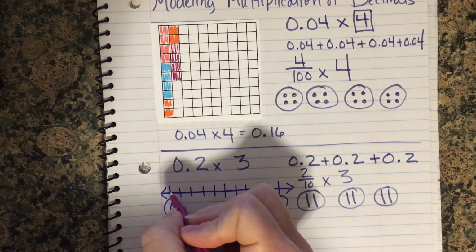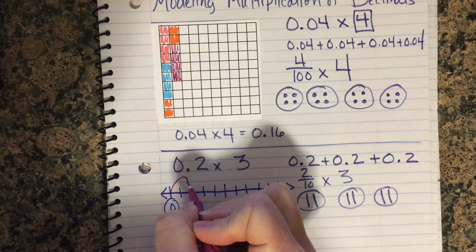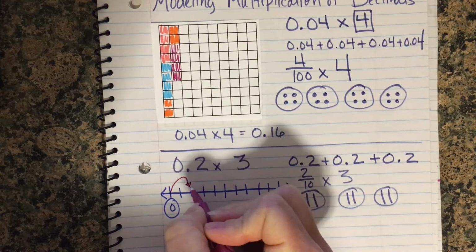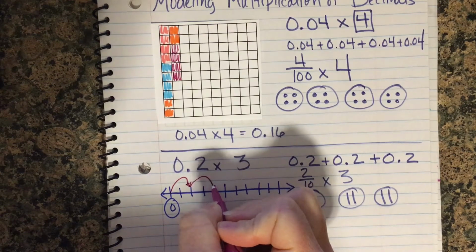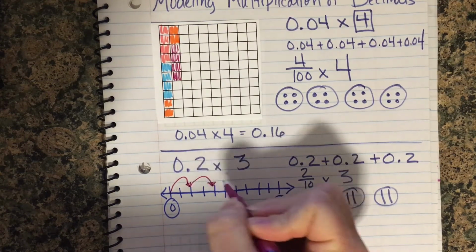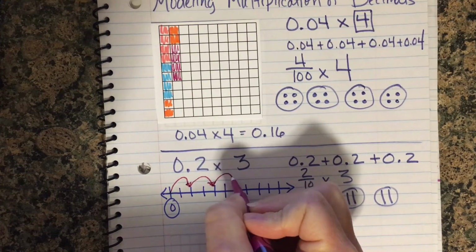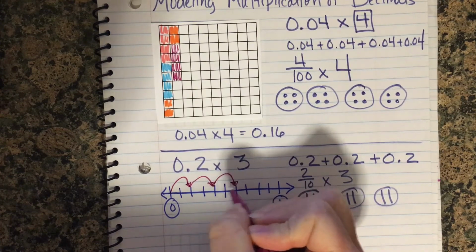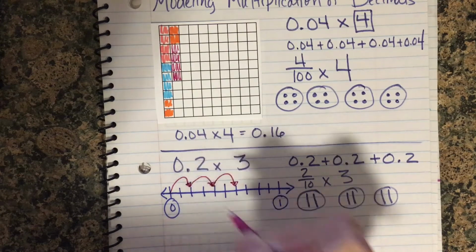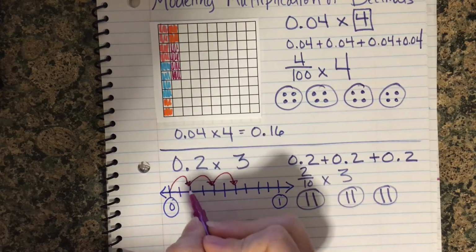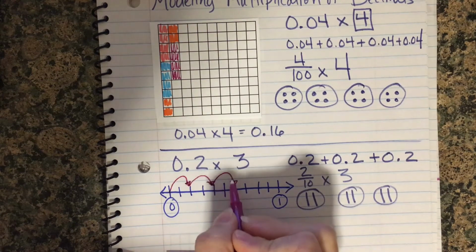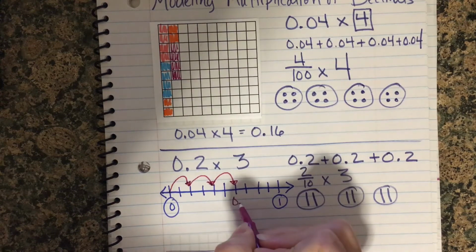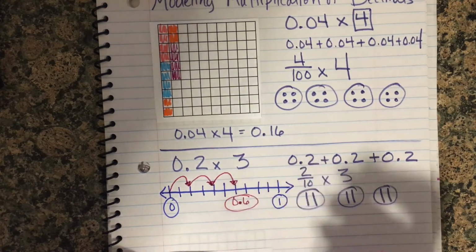So they'll start here and do a jump, another jump, and then a third jump. So this shows 2/10, 2/10, 2/10, and you can see the point I land at is 6/10.